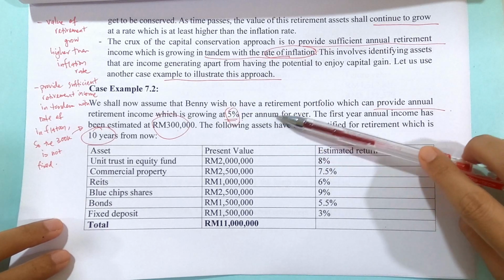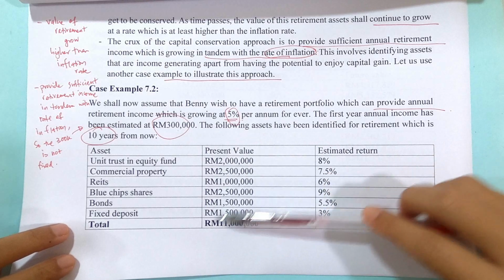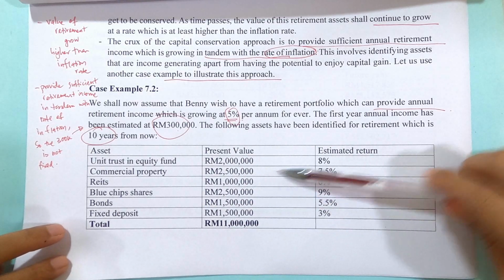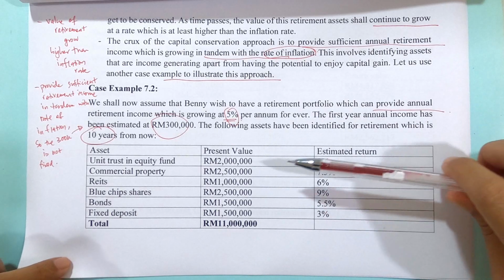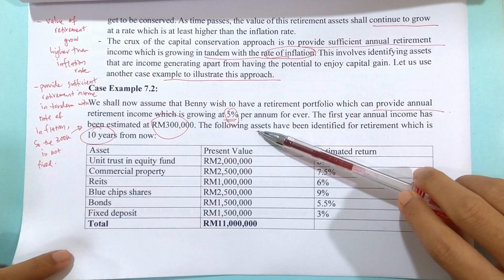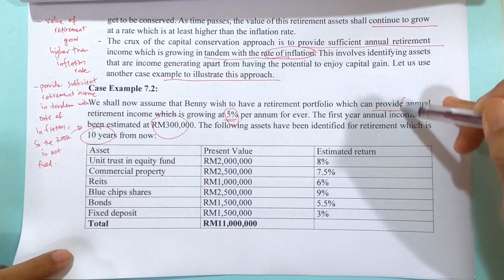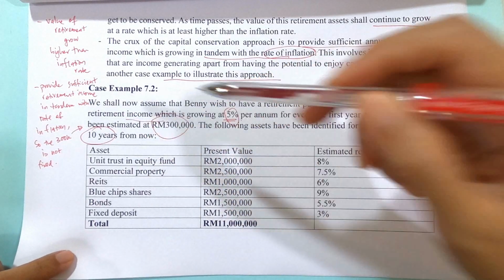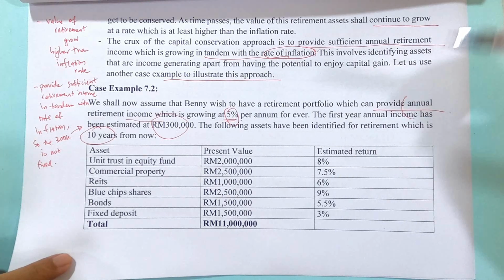Benny has a retirement portfolio, and this portfolio can provide annual retirement income which is growing at 5% per annum forever. So the annual income that Benny wants is not static, it is increasing.